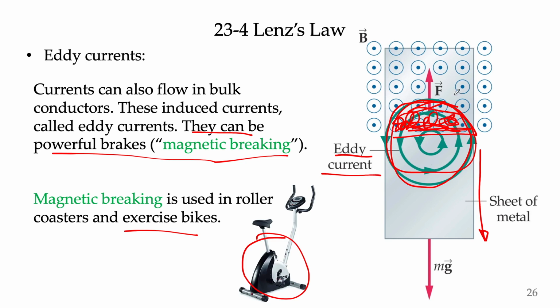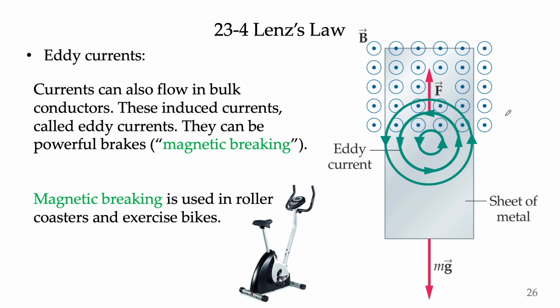And because it's not just like a ring, it's everywhere, the sheet of metal is an extended object, and this continuously happens, okay, until the sheet of metal completely gets out of this magnetic field region. So the sheet of metal feels continuously this force in the up direction.